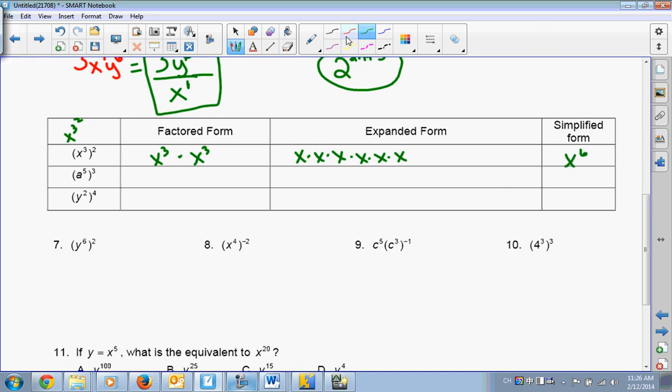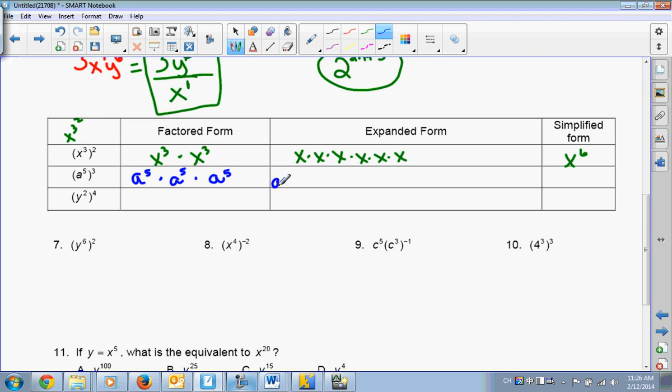All right. So what would be the factored form for a to the 5th to the 3rd? A to the 5 times a to the 5 times a to the 5. That's a to the 5th 3 different times. That's what a power to a power does. So get ready, we're going to squish it in here.